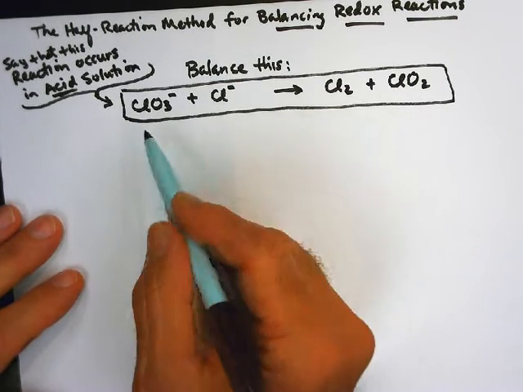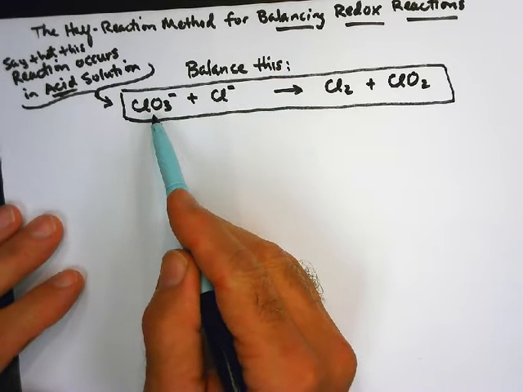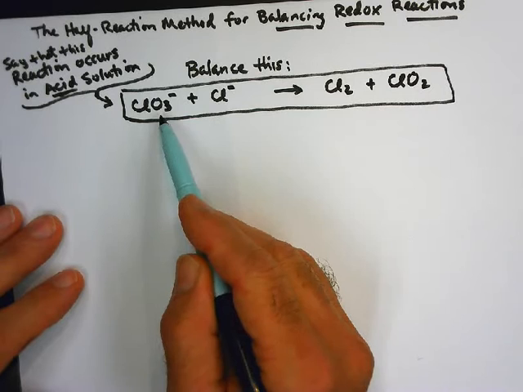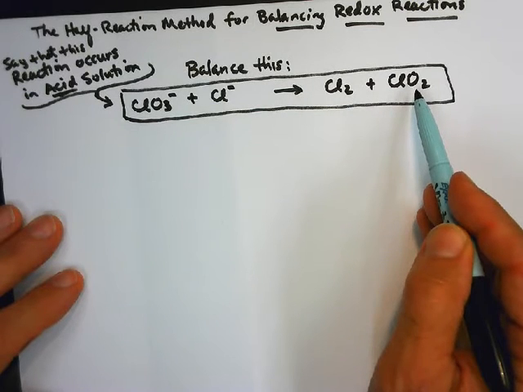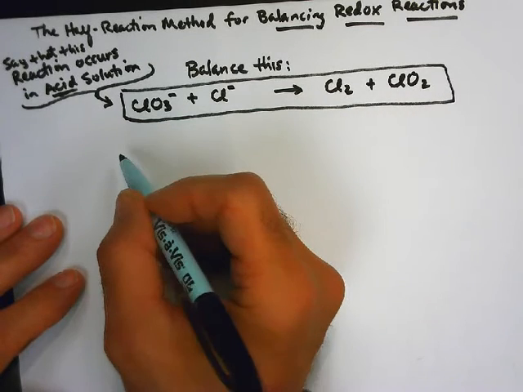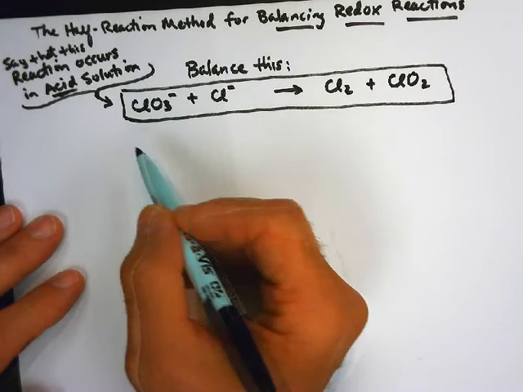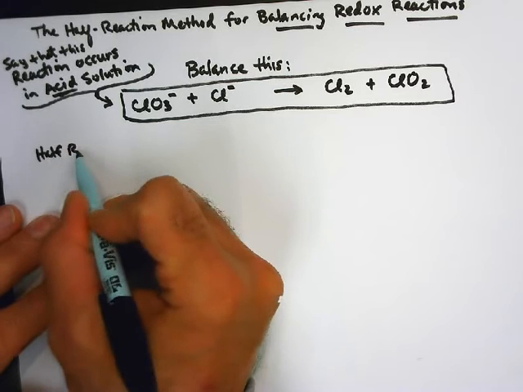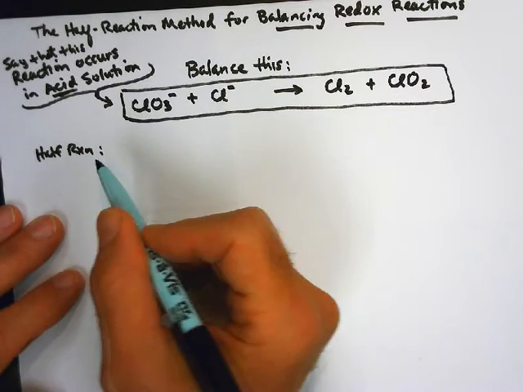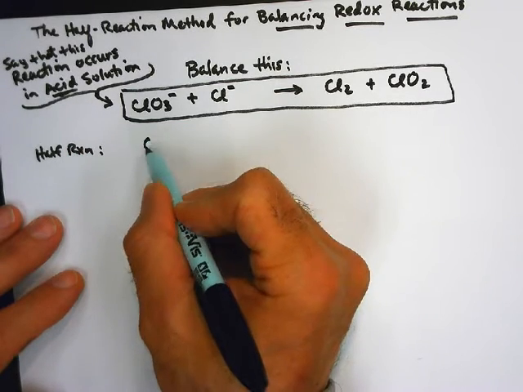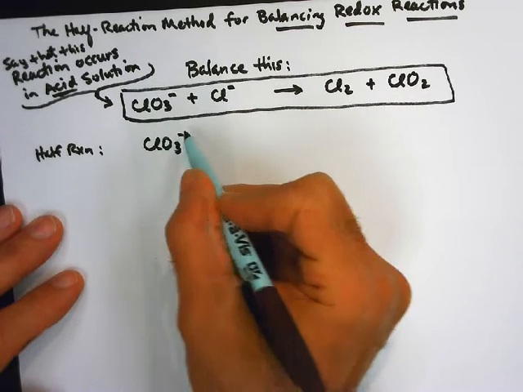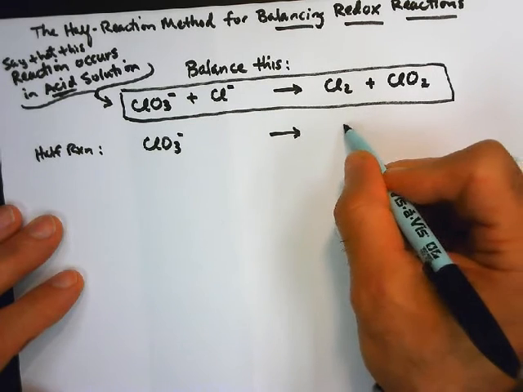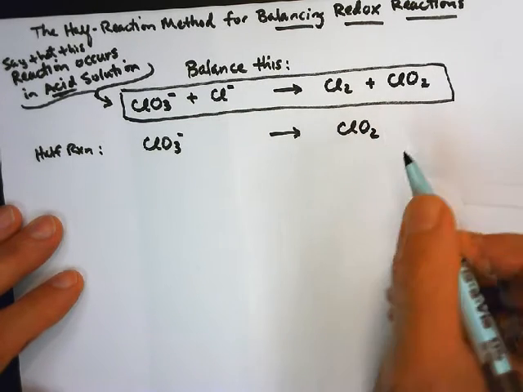I'm going to look for similarities on the left-hand side of the arrow and on the right. I see a ClO3 negative here and a ClO2. Those are very similar, so I'll consider that one half reaction. That would be ClO3 minus on the left, and then on the right we're going to get ClO2.